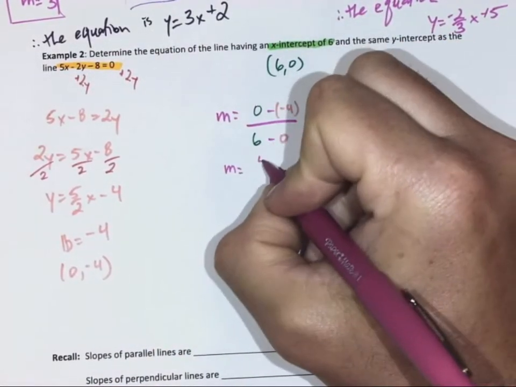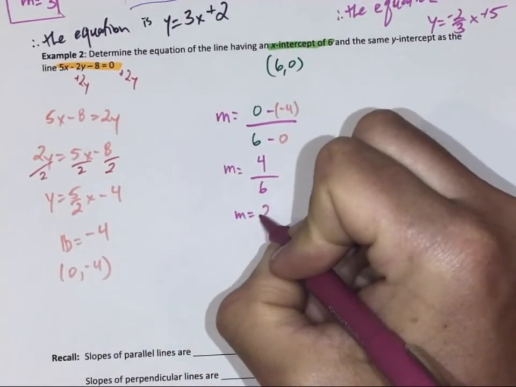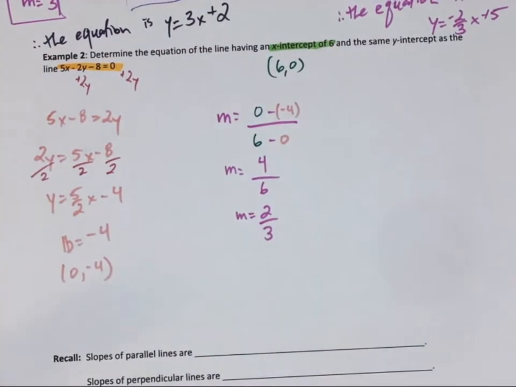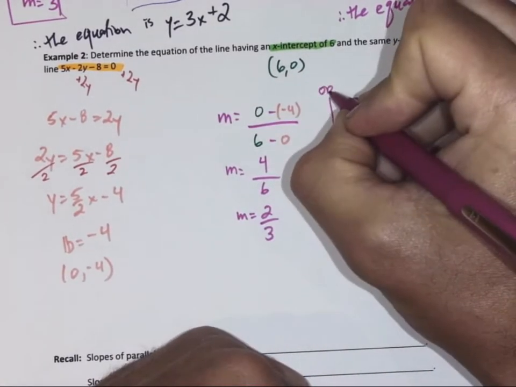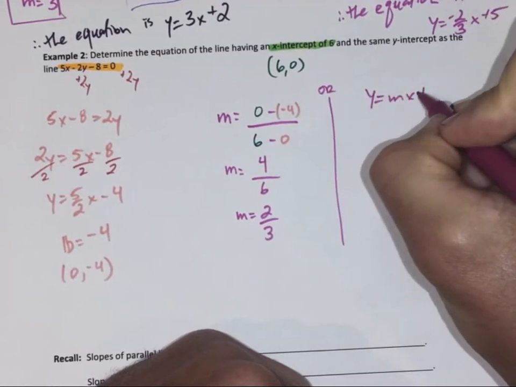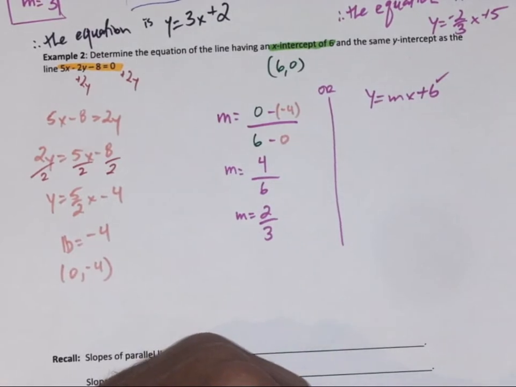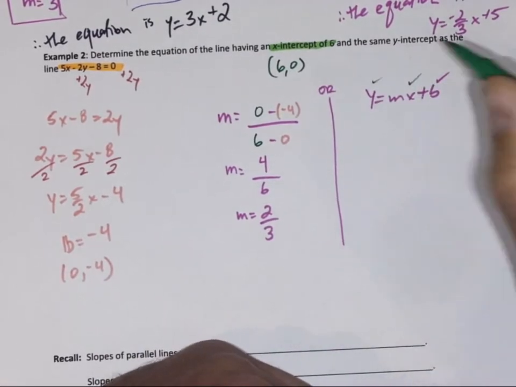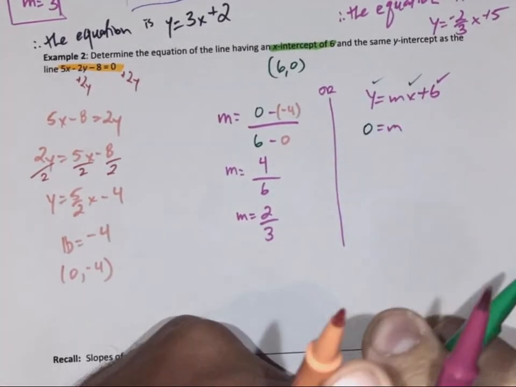Minus negative 4, positive 4 over 6, which reduces to 2/3. Got a slope, I know my y-intercept, there we go. But really, I have a y-intercept, so why don't I sub it into y equals mx plus b to find slope? Because now I have that, and I can use one of my points there. If I did that, I should get the exact same solution.